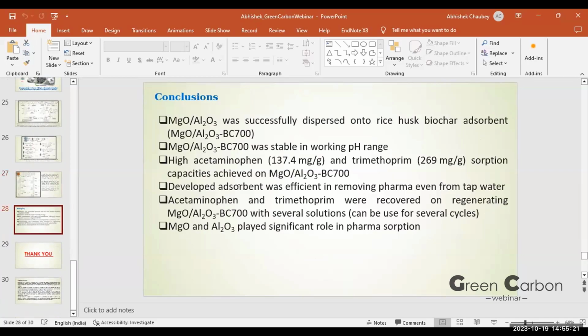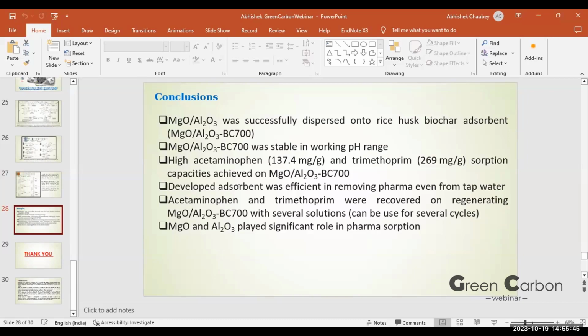This is the conclusion. What we have concluded is that the successful preparation of this biochar was done. Also, our adsorbent is stable at the working pH, which is pH 6. High capacity for acetaminophen and trimethoprim was achieved.